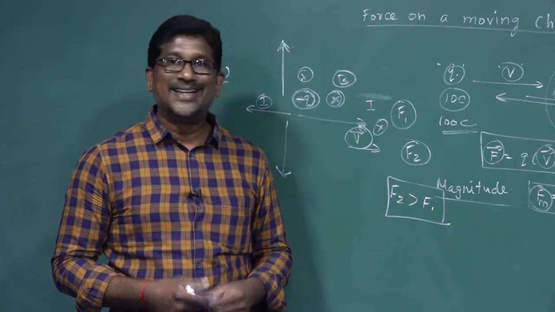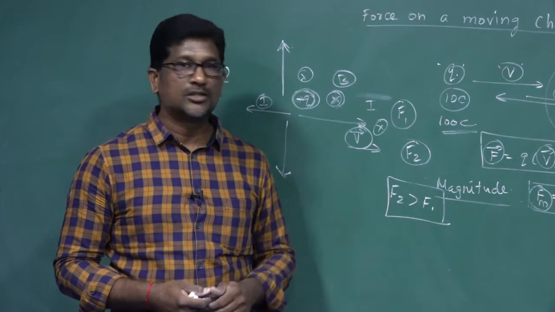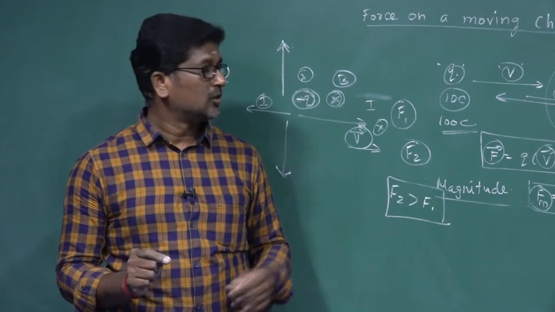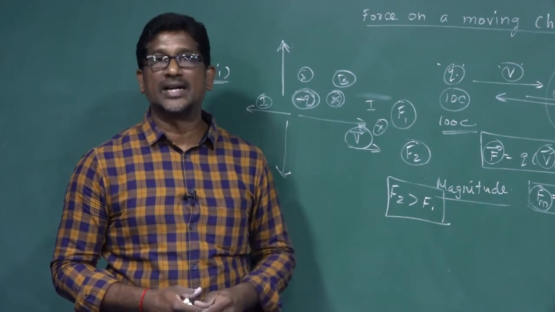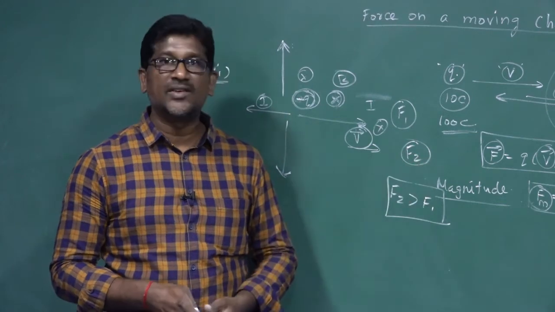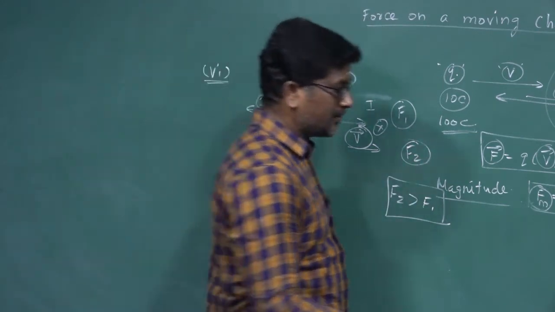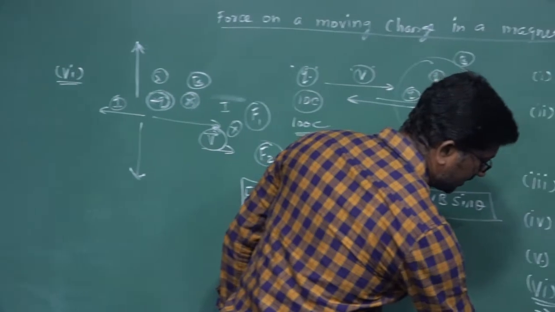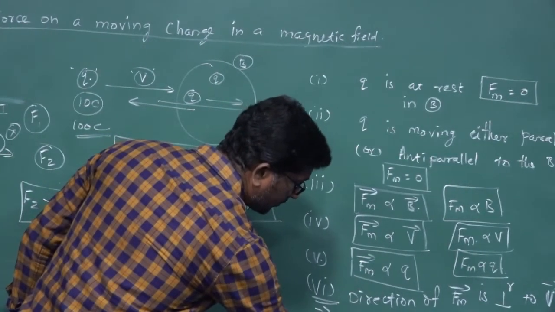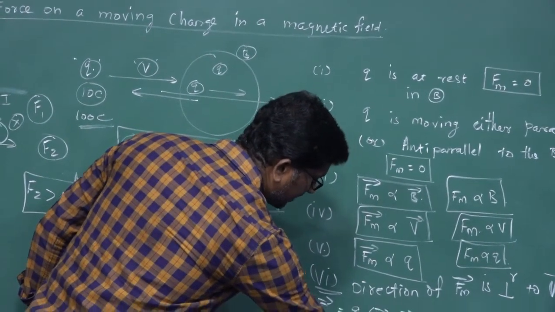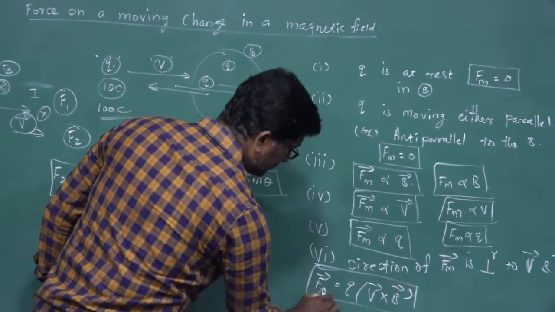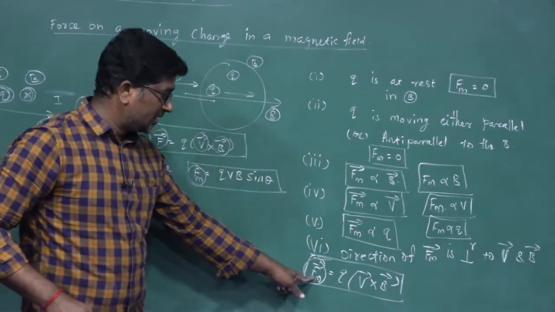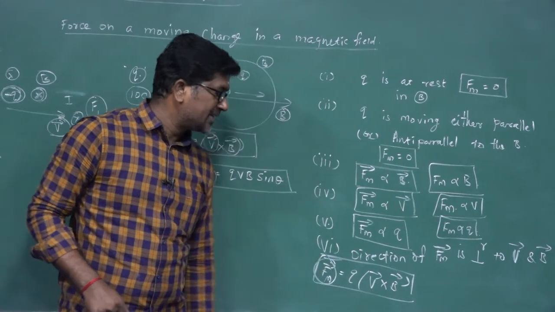And next, the direction of the Lorentz force acting on the charged particle is perpendicular to the plane containing the V vector and B vector. That is, the Fm vector is the cross product of the V vector and B vector.